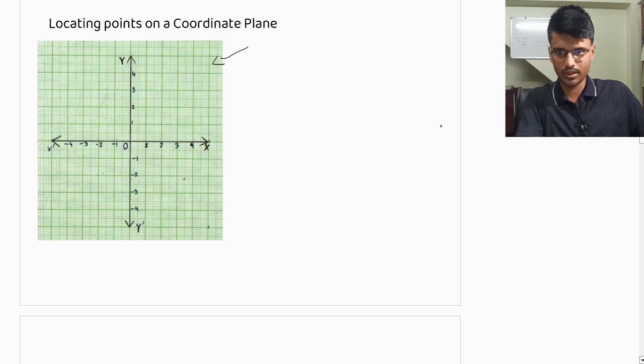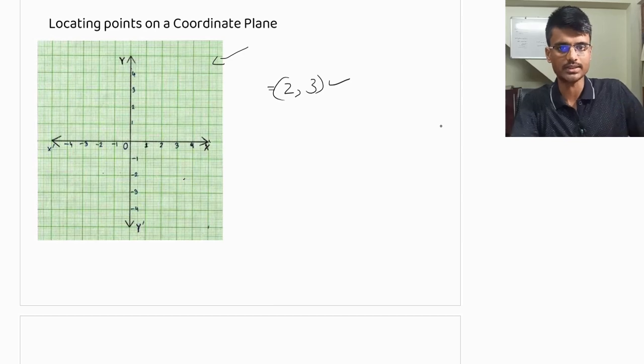I'll ask a simple question. If I ask you, locate where is (2, 3), how do you locate this point? Let's try to understand. This is called the x coordinate, and this is our y coordinate. 2 units in x, so it is positive.